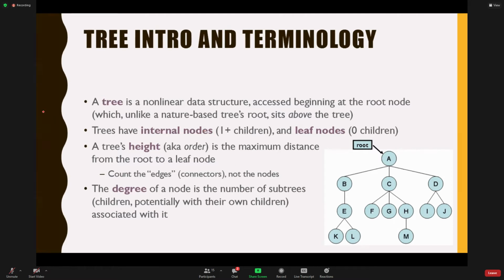And the way that you count this is you don't count the levels, or if you count the levels, don't count the root in the levels, or what they say is count the edges. Count the edges. So in this case, we can see that these are all the same, right? This one and this one have the same height. This one's different, so I can pick any one of these. So the height of this is 1, 2, 3, right? The height of this tree overall is 3.